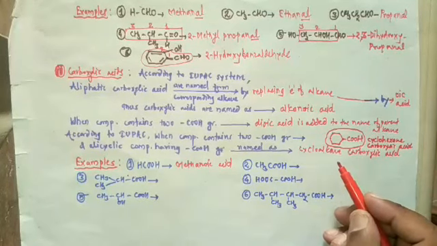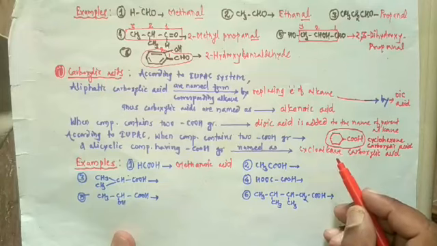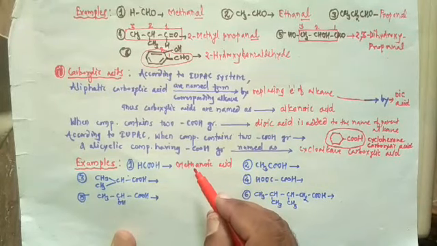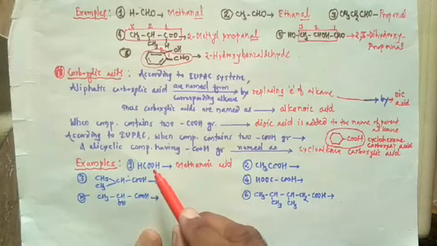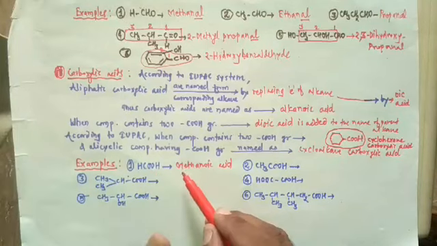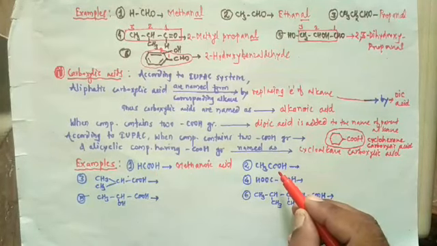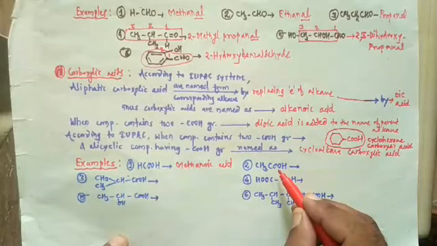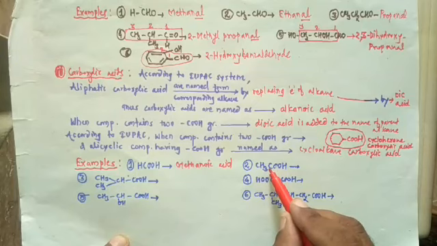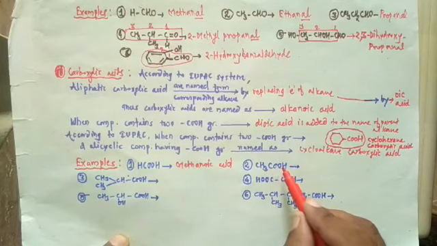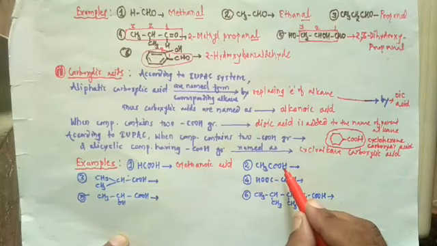So here we studied in detail about the IUPAC system of carboxylic acids. Let's try to solve some examples. We also studied IUPAC naming of this compound previously. Then let's study how to name this particular compound. Its IUPAC name can be derived by replacing the final letter E of the corresponding alkane.